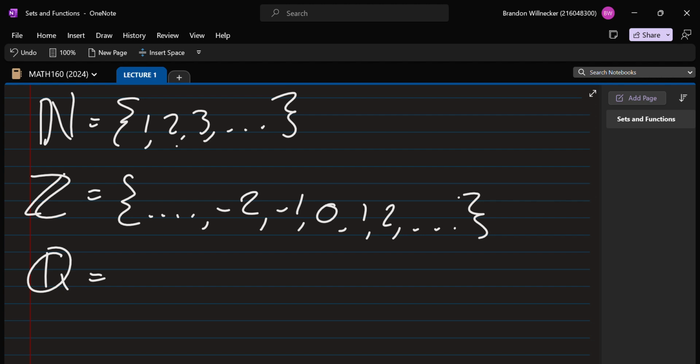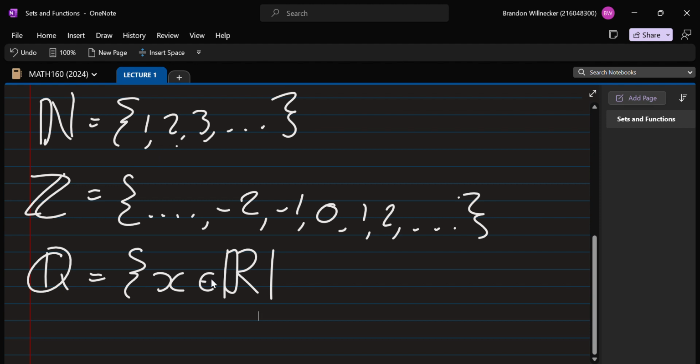The way restricted comprehension works is we write the element, let's say x is an element of real numbers. So we all know what real numbers are. Okay, all the numbers on the number line, sorry. So we say x is an element of the real numbers. This forms the bigger set.